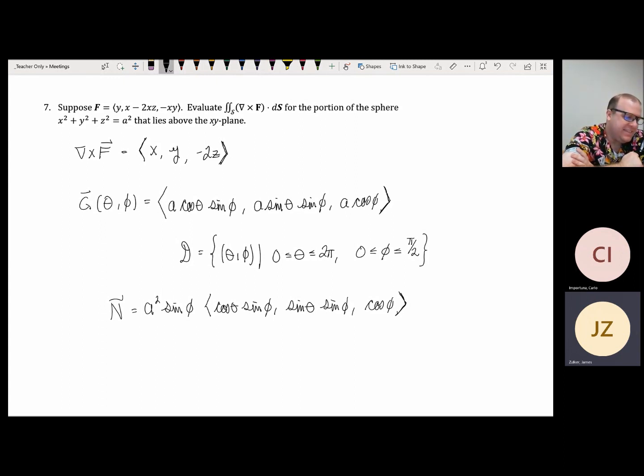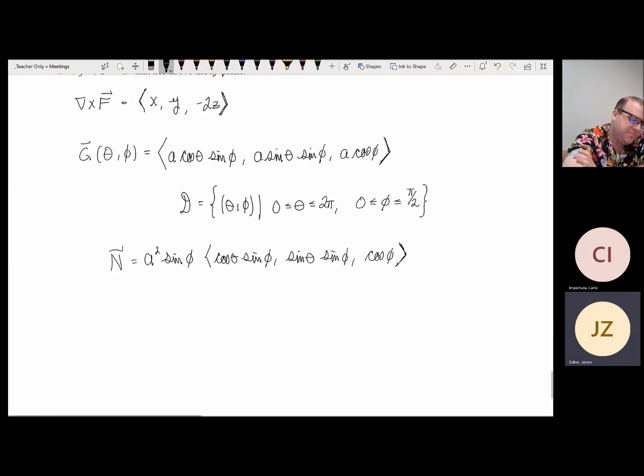You may see me get lazy, writing S sub 1 just to represent the parameterization of a unit sphere.